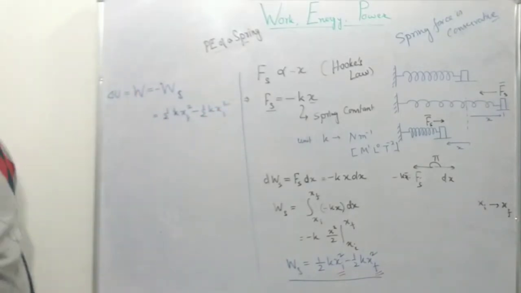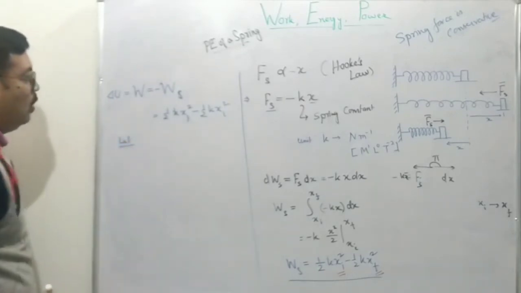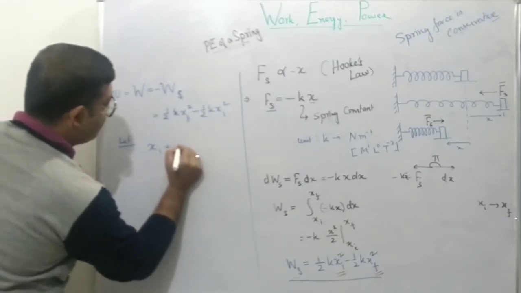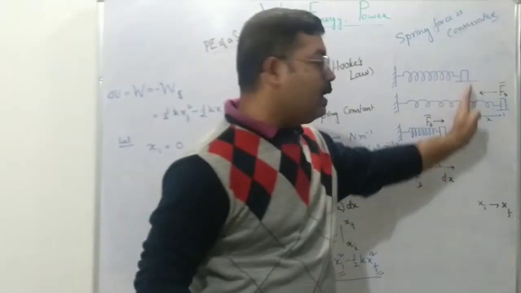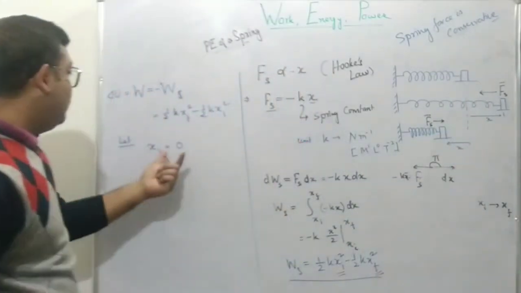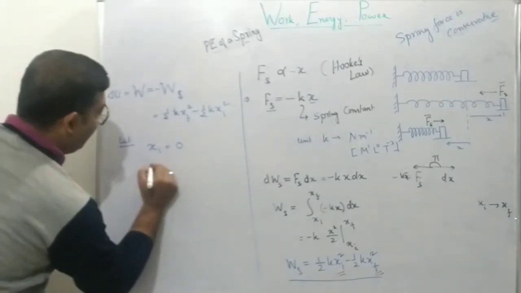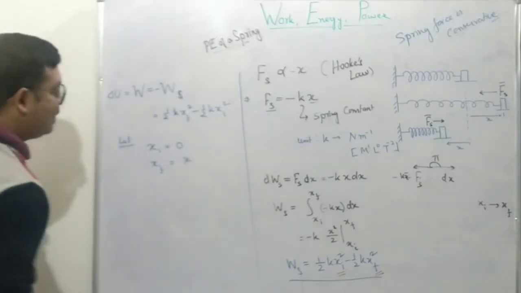Okay, now let us consider, let's say we started at the mean position when there was no extension, which means xi will be 0. There is no extension, we are at the mean position of the spring, and we have extended the spring or compressed the spring through a distance of x.